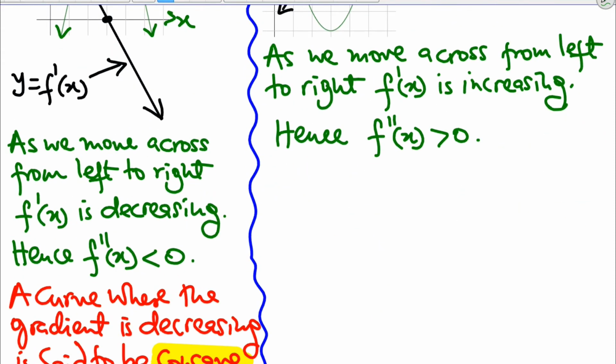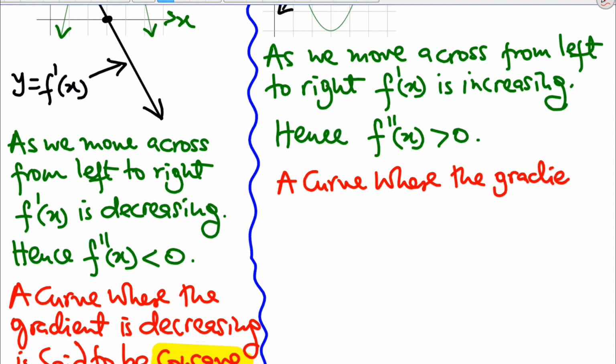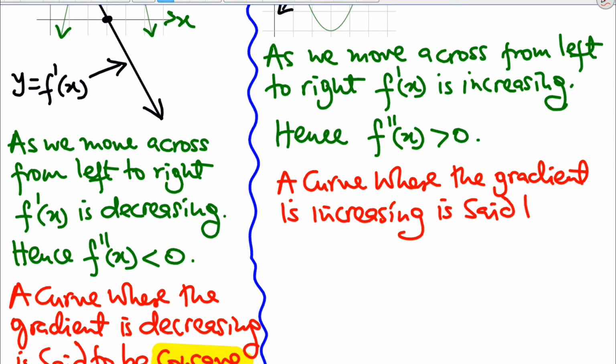In mathematics, a curve where the gradient is increasing is said to be concave upward.